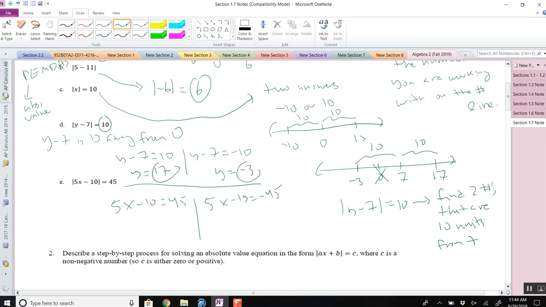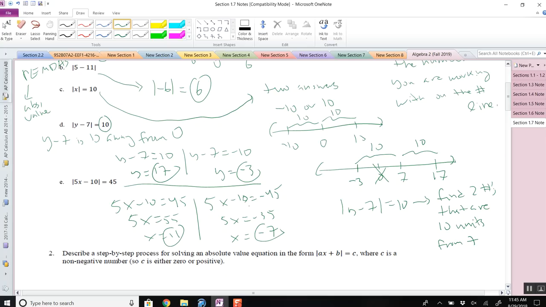A little bit hard to express that with a number line. So we'll just follow the pattern we saw in part D, because it works. 5x equals 55, 5x equals negative 35, x equals 11, x equals negative 7. And those would be the two values that would satisfy that absolute value equation.